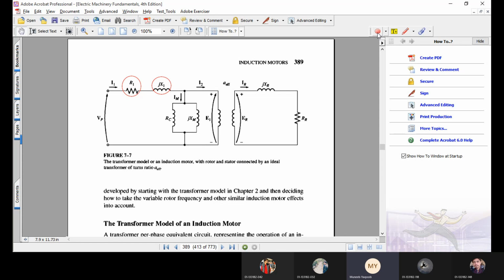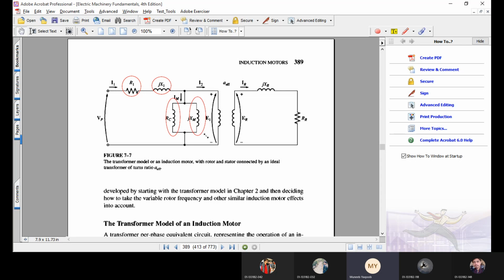Now, obviously, when there is relative motion, there will be eddy and hysteresis losses. To cover eddy and hysteresis losses, we can use RC in the stator winding, and similarly when the stator produces the rotational magnetic field, we can represent this phenomenon using the magnetizing branch of the transformer model.